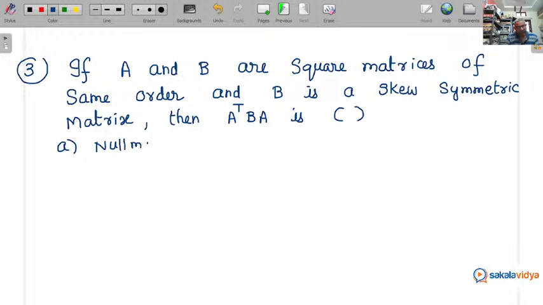So null matrix means each and every element of a matrix is 0.